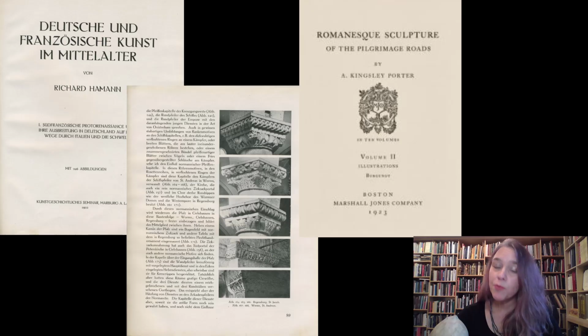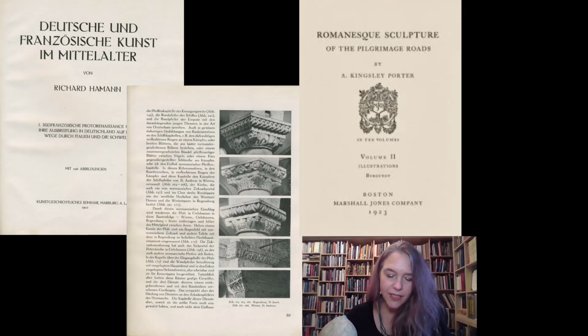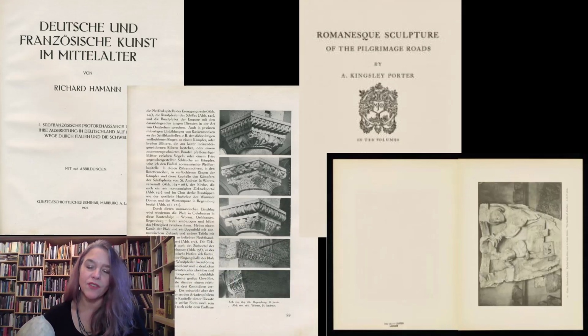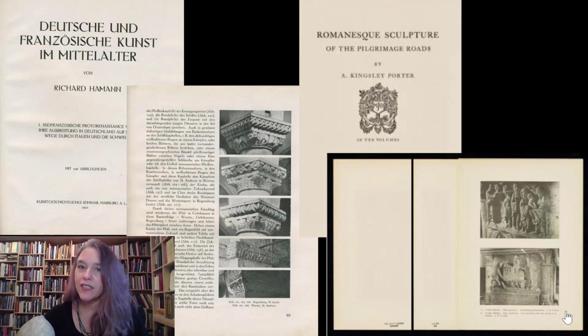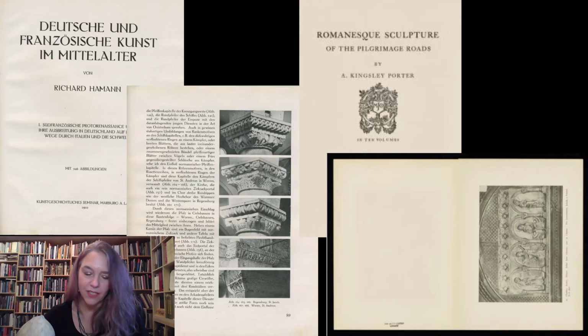Medievalists were quick to exploit the new reproductive tools. In monumental catalogs by Richard Hamann, Arthur Kingsley Porter, and others, these 2 volumes from the early 1920s, photographs pinned down sculptures that the authors had journeyed far and wide to see, arranging them to form narratives of stylistic developments in regional tastes.